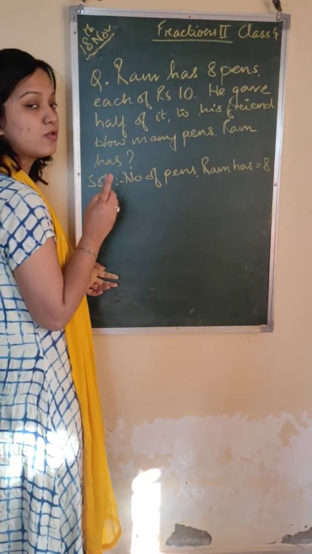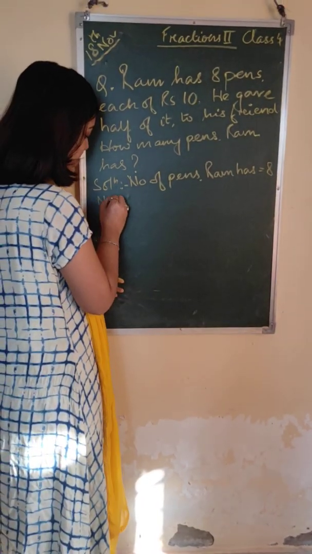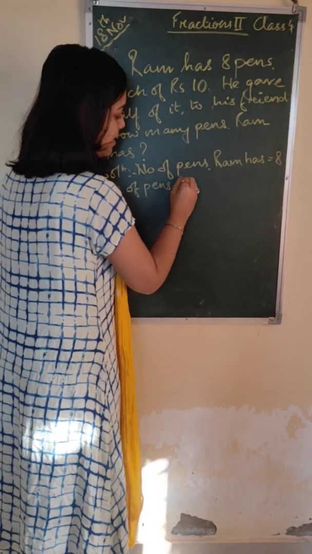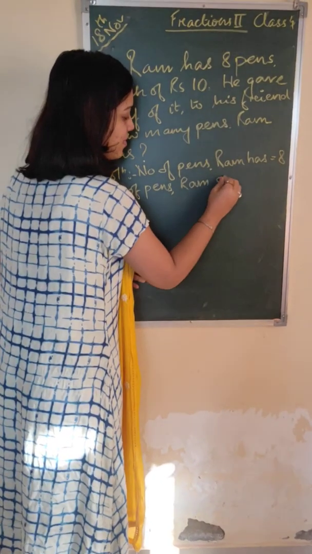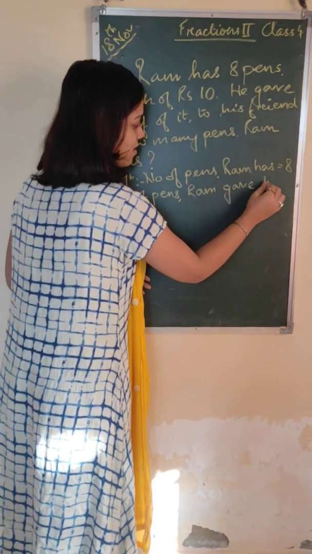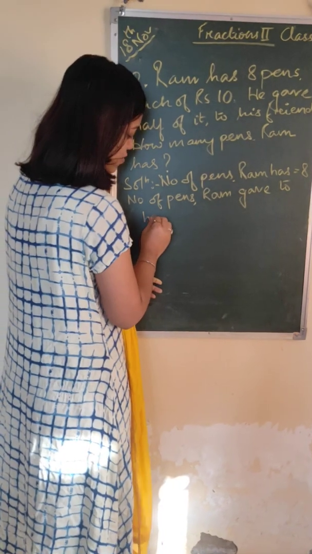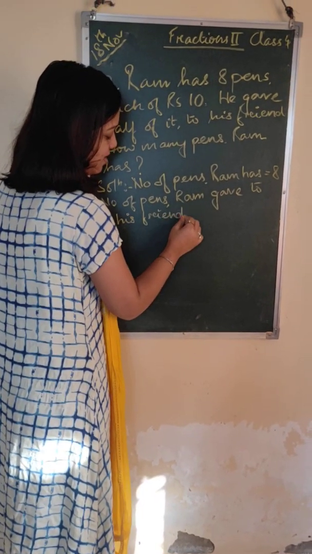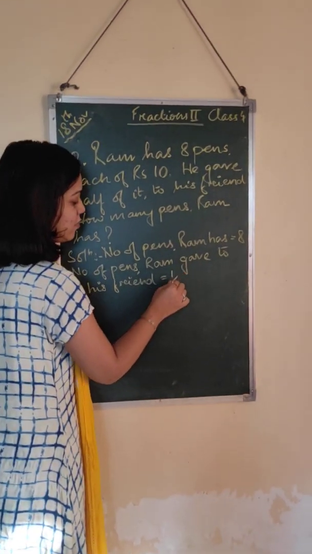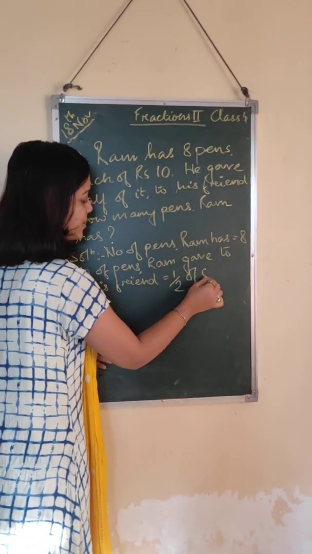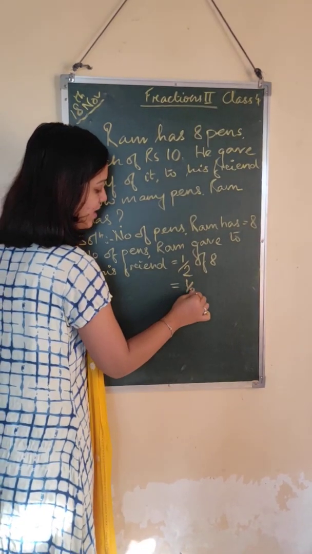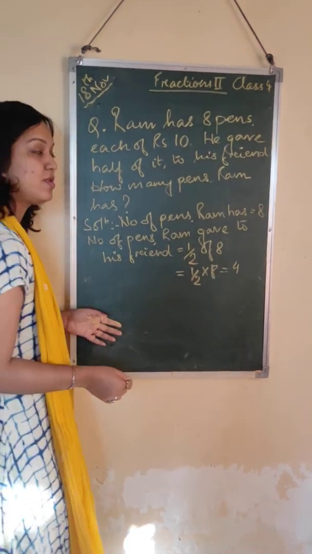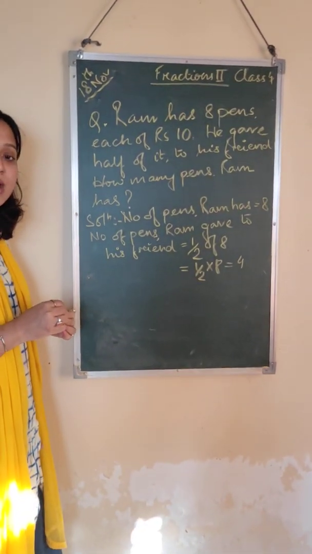He gave half of it to his friend, right? Number of pens Ram gave to his friend equals half, so 1/2 of 8. This is nothing but 1/2 into 8, which gives you 4. So the number of pens Ram gave to his friend is 4.